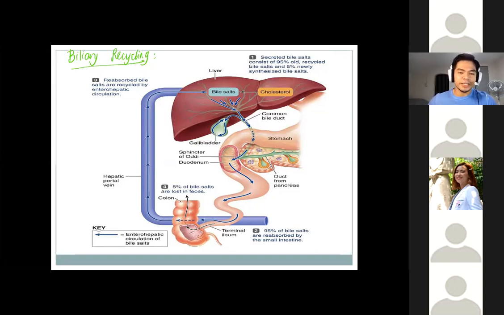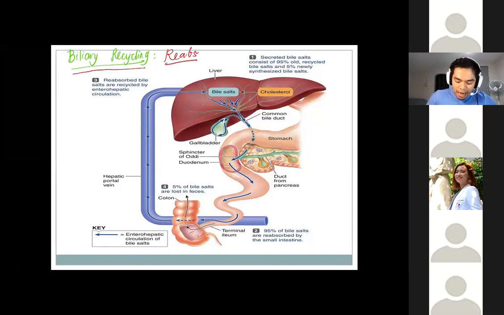Ready na sa biliary recycling, guys? Okay, very good. So remember, in biliary recycling, this is the mechanism of reabsorption of bile salts or bile acids by our body. So paano siya nangyayari? Umpisahan natin syempre sa synthesis para hindi kayo malito.